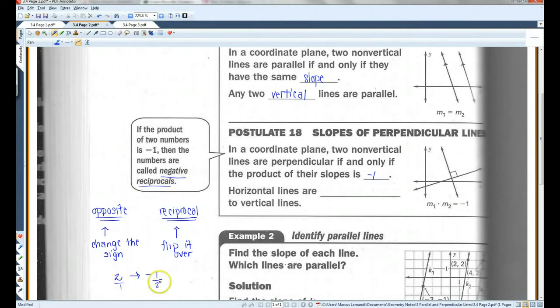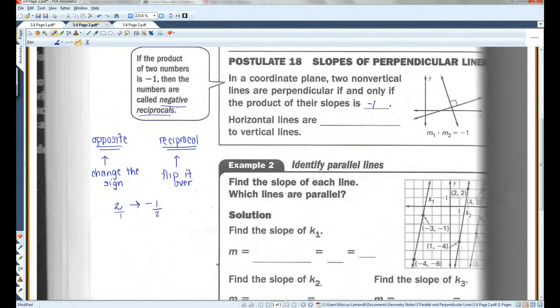These would be opposite reciprocals of each other. And if you multiply 2 times -1/2, you're going to get -1. Okay? So, the product of their slopes is always going to be -1. Horizontal lines are always going to be perpendicular to vertical lines.